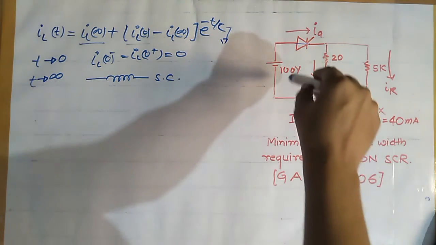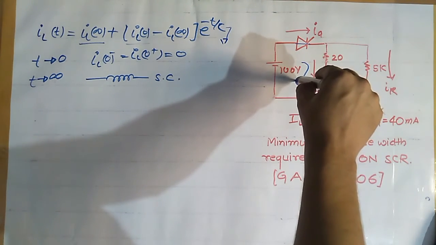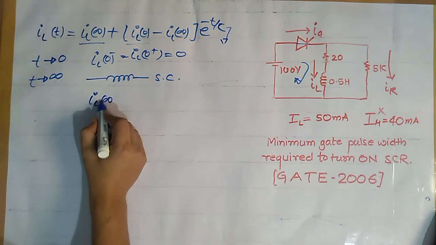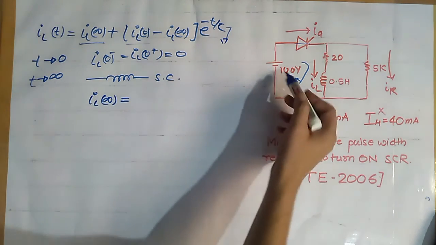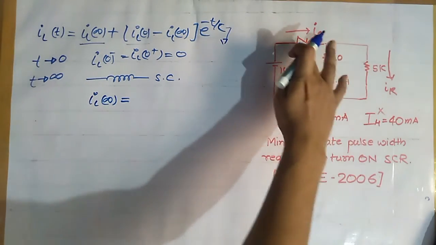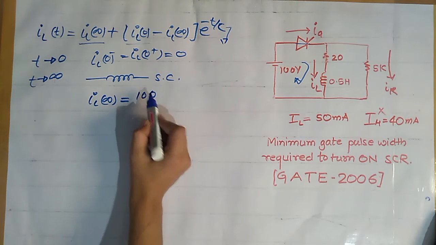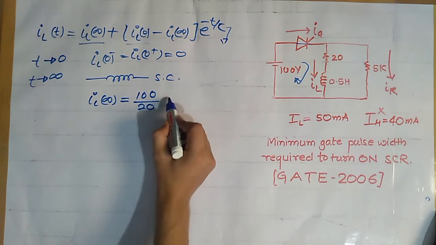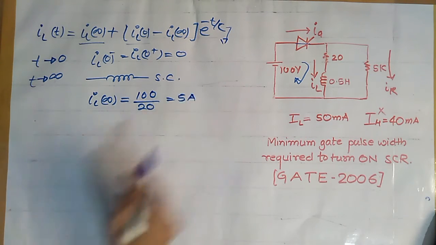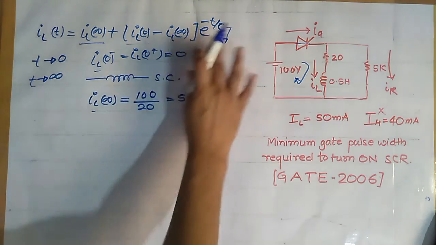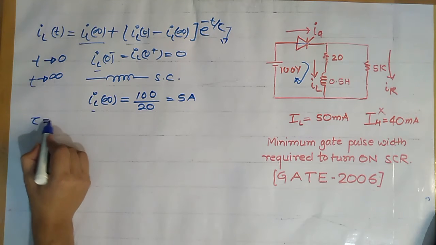So applying KVL in this loop, IL infinity is simply equal to 100 by 20, because this is shorted and this is also shorted, and that is equal to 5 ampere. Now we have calculated IL0 and IL infinity. Now what is tau?